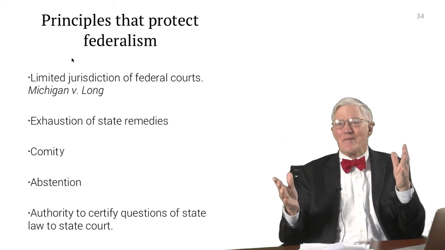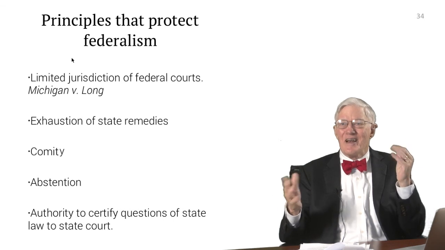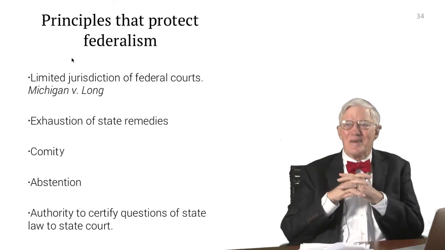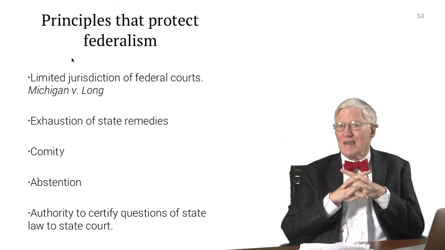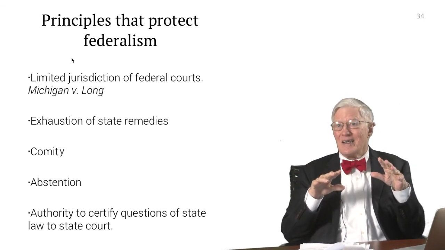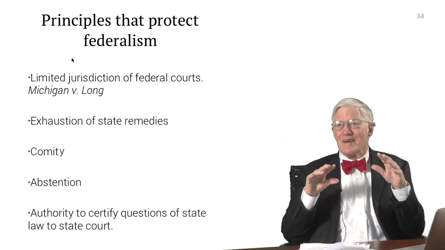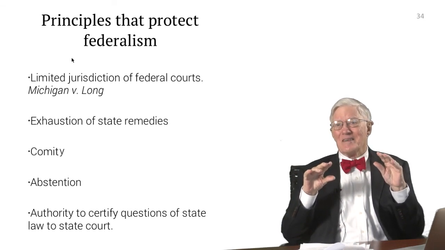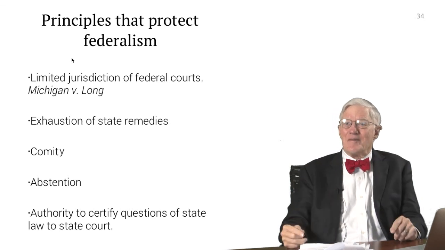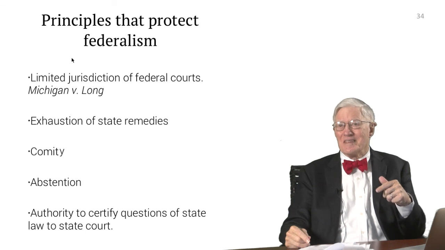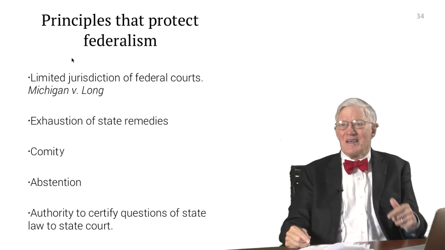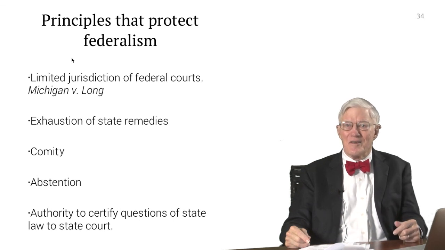The principle of comity will frequently be invoked by federal courts to say that they're not going to in any way displace a state court decision. Then there's the idea of abstention, which you'll look at in federal civil procedure in detail, but there are instances where federal courts will abstain from taking on a case because it properly lies within the jurisdiction of the state.